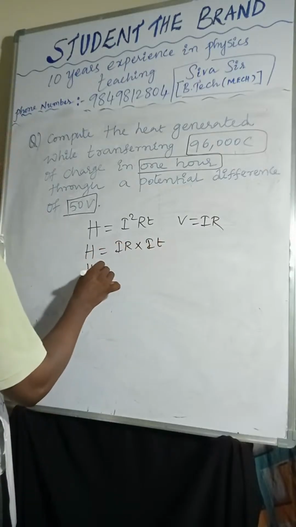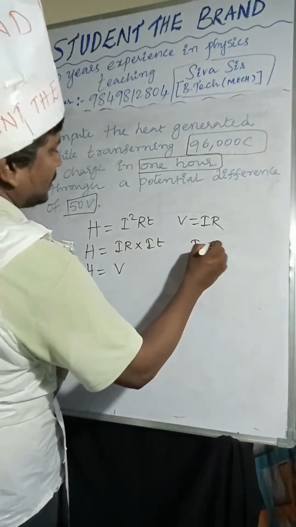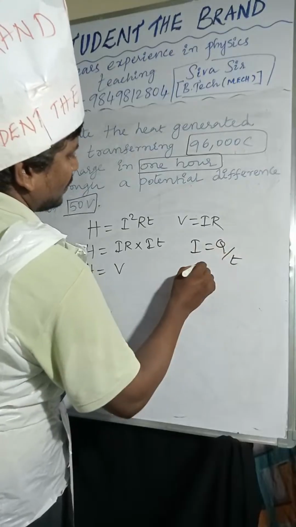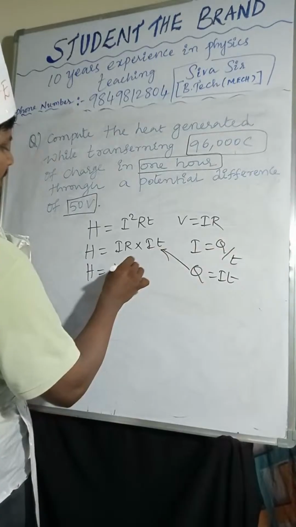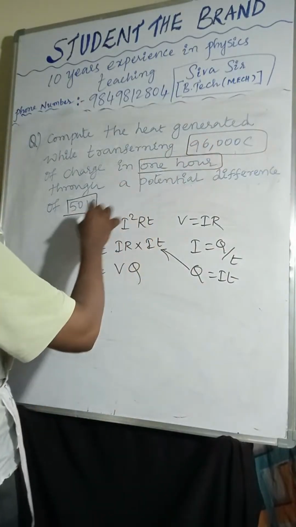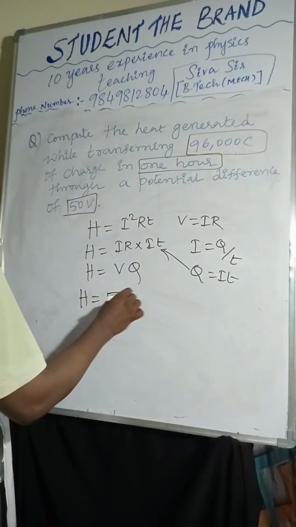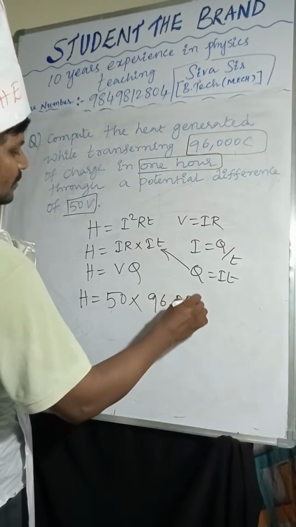So H equal to V, since IR is nothing but V. We know I equal to Q by T, so Q equal to I into T. In the place of IT, we can take Q. So H equal to V into Q. Potential difference is 50. So how much is the charge?